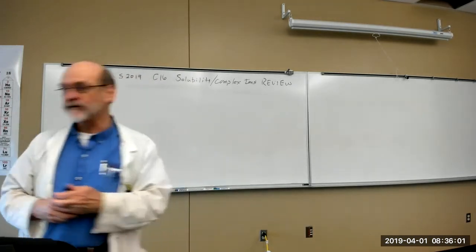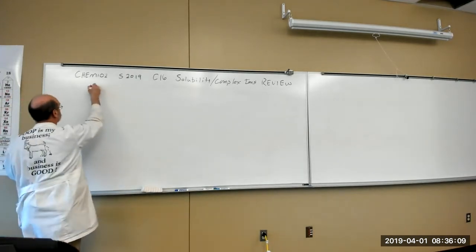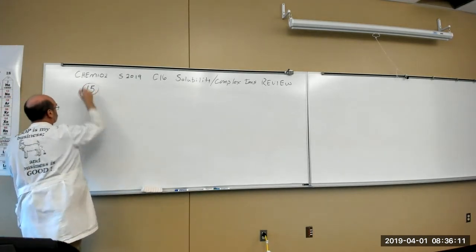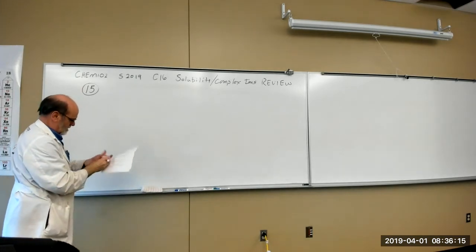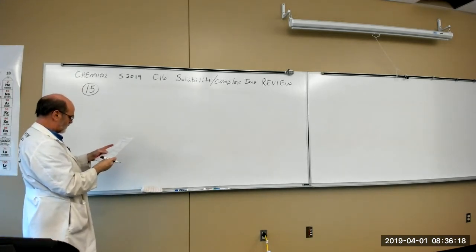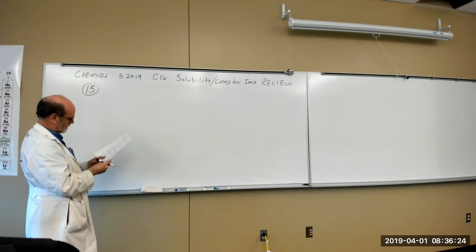Number 15. Okay. Let's see, KSP of lead 2 sulfate is 1.3 times 10 minus 4.